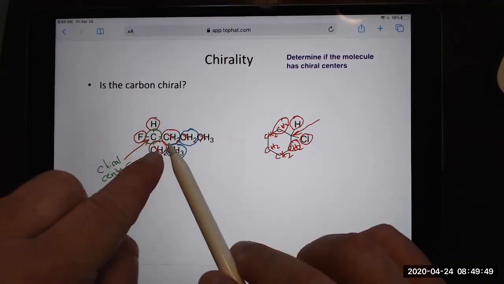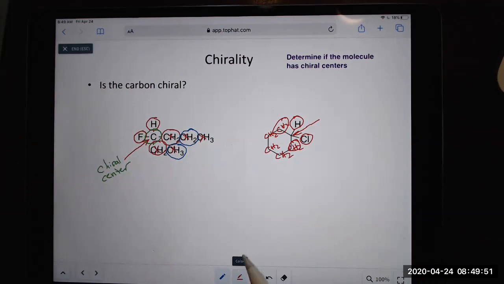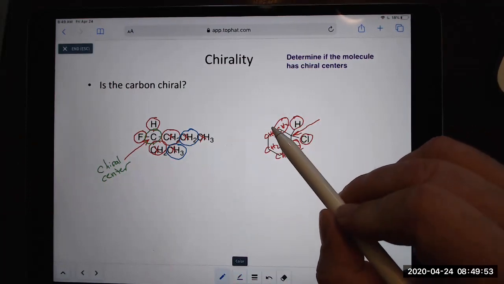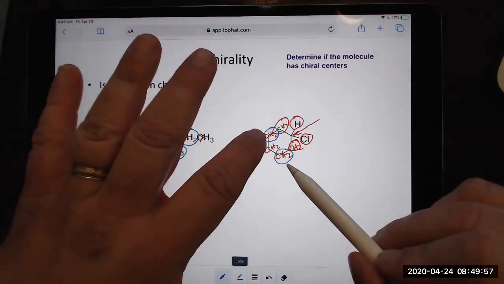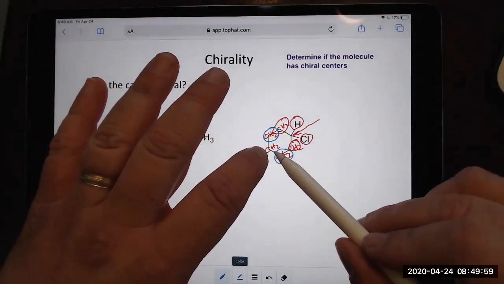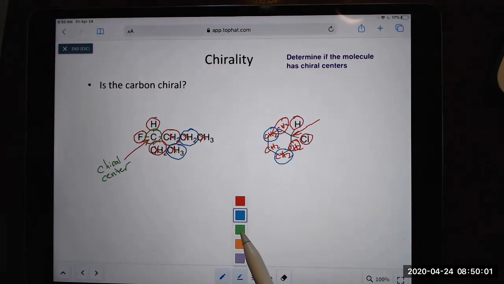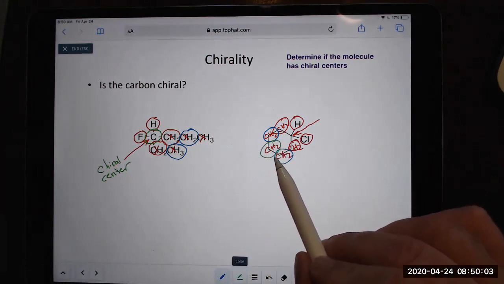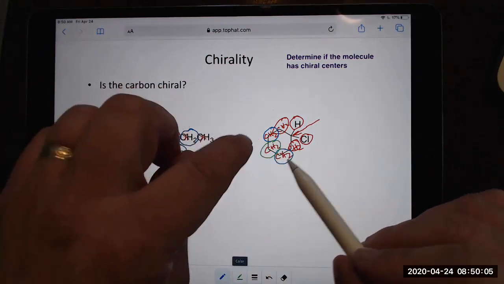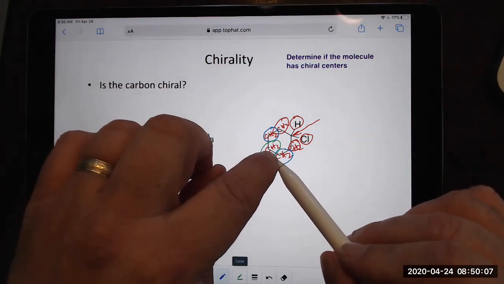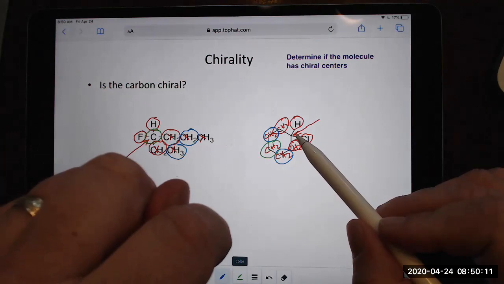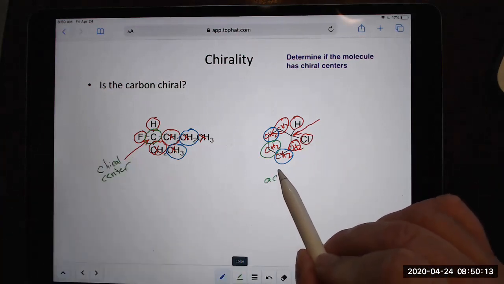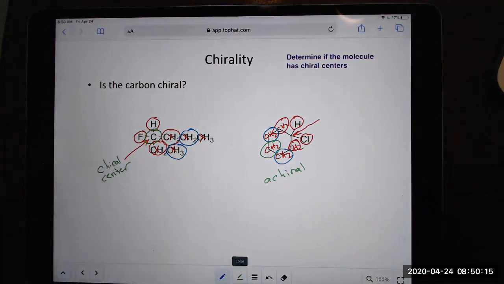Just like the last one, it's a tie, so we move out one further. CH2, CH2. Compare these two. No, that's the same. And then for here, we look and say, oh, it's come back onto itself, and so that's not a chiral center. So this molecule is achiral. There are no chiral centers.